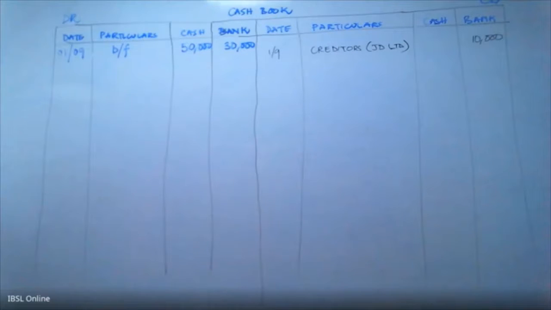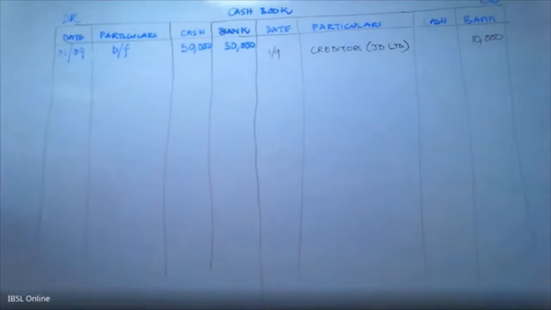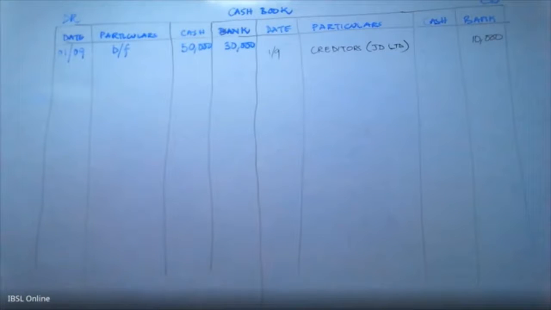Now the problem here is, even though he gives a check to me, I am not going and depositing the check on the same day. Did you read the question properly? They say all checks are deposited the following day.